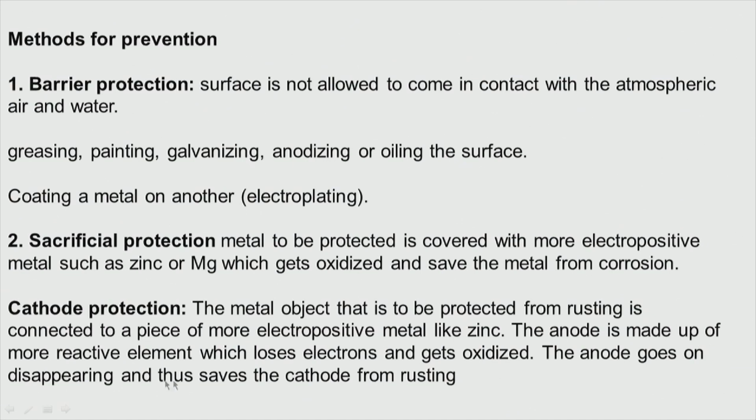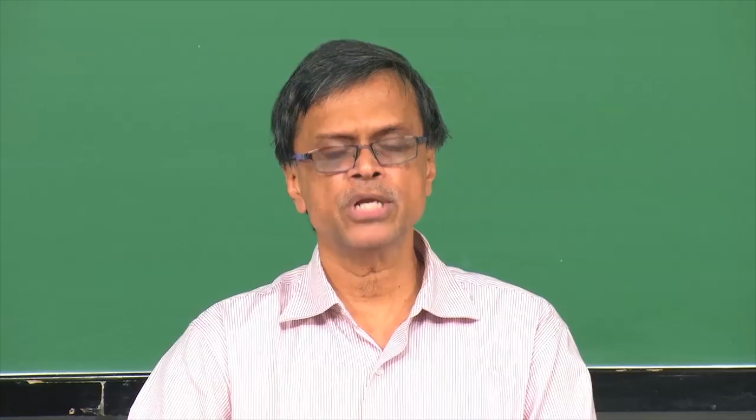The anode is made up of the more reactive element which loses electrons and gets oxidized. So, the anode goes on disappearing and thus saves the cathode from rusting. So, zinc could be the anode, the metal which you want to protect could be the cathode. Zinc will start going into solution and disappear, whereas the other material remains. That is called cathodic protection.